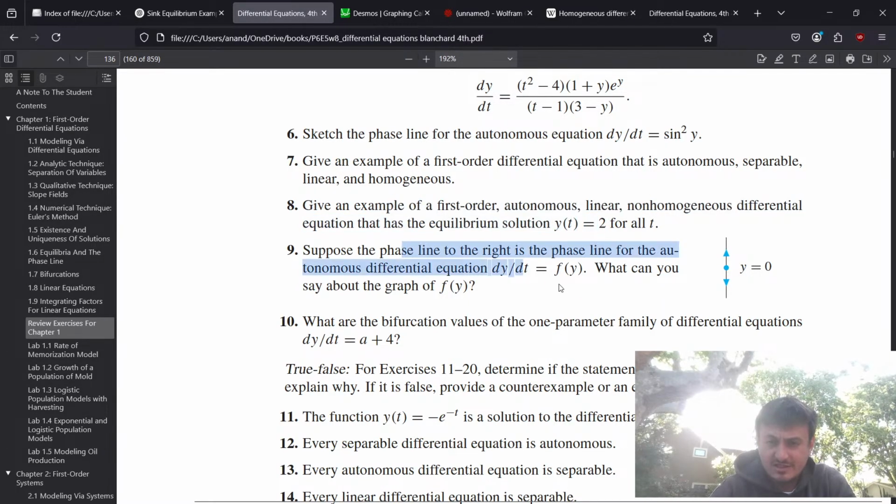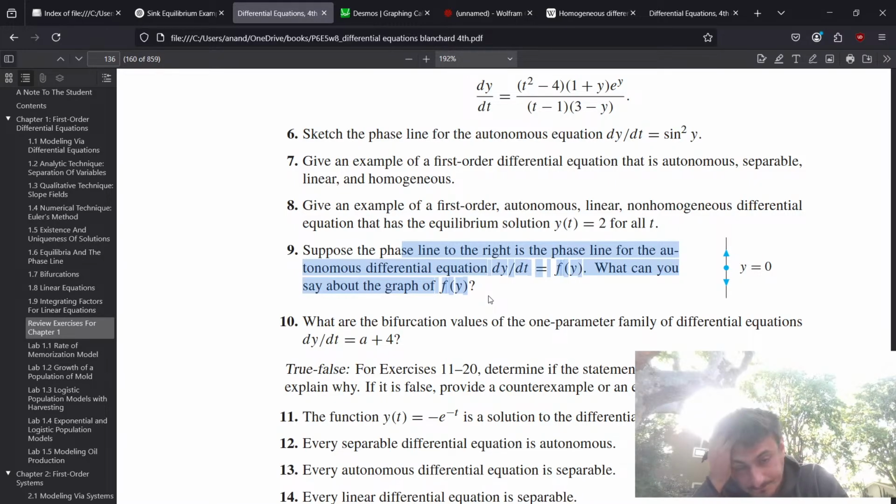Suppose the phase line to the right is the phase line for the autonomous differential equation. What can you say about the graph? It's just going to be like a parabola, right? Wait, no. It's going to be like a cubic or something.